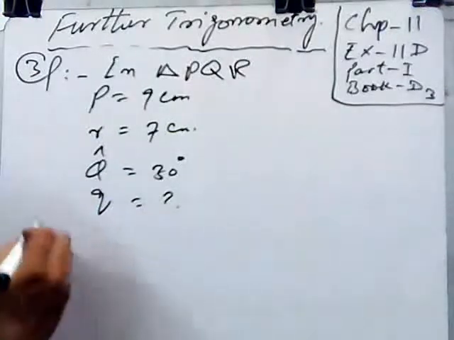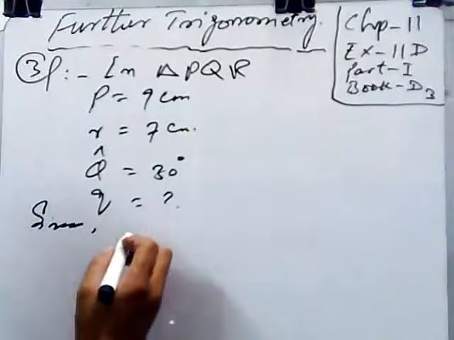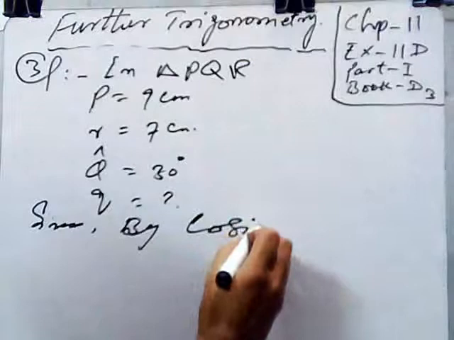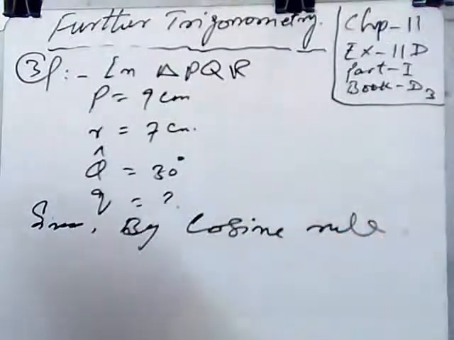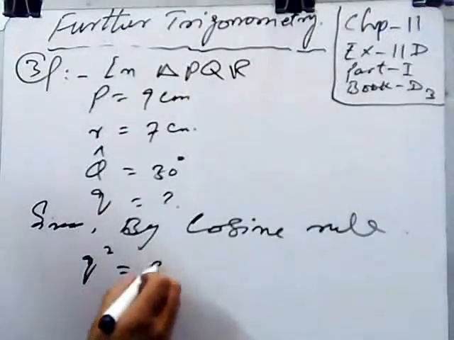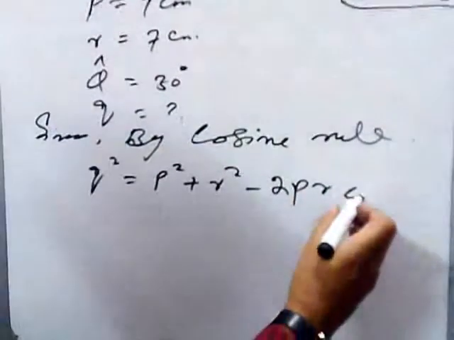So again by the same method, by the cosine rule, q square is equal to p square plus r square minus 2pr cos Q.